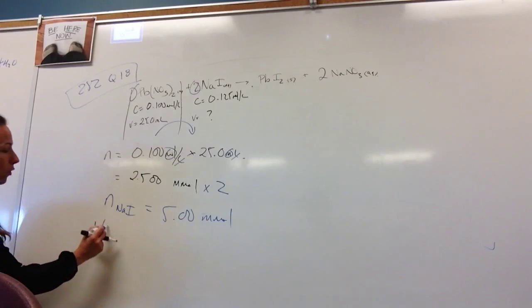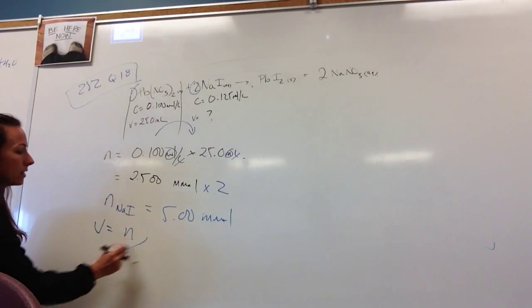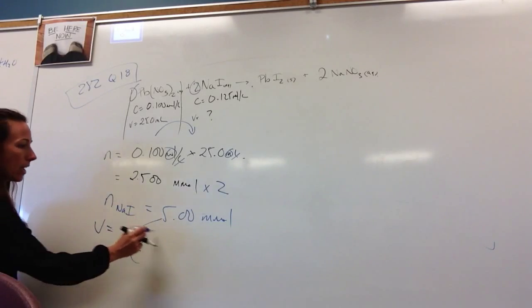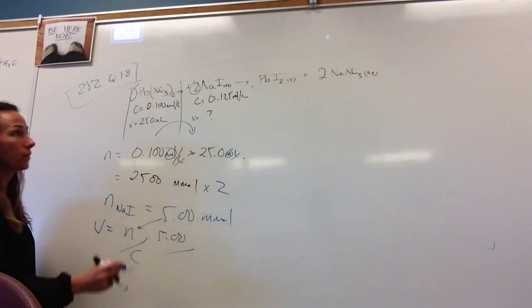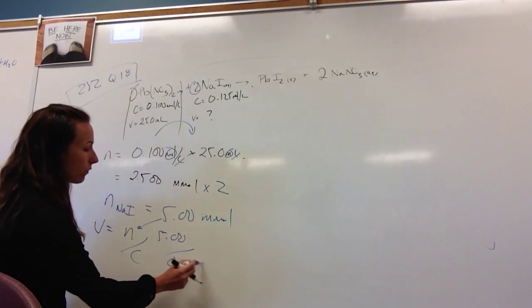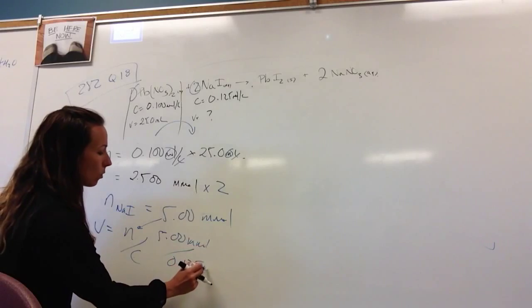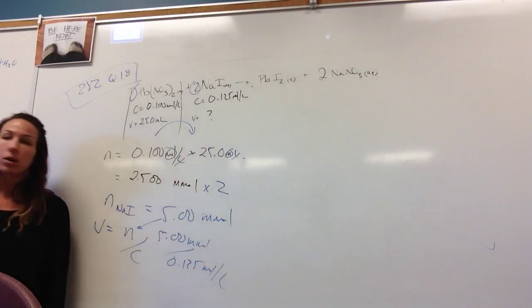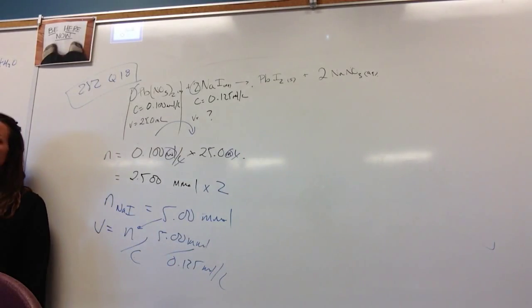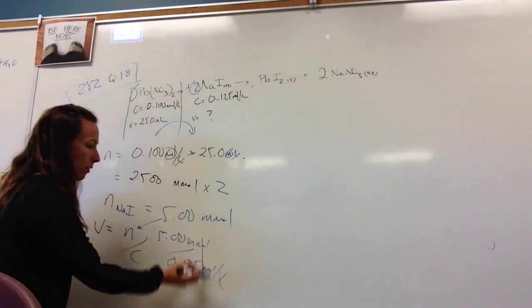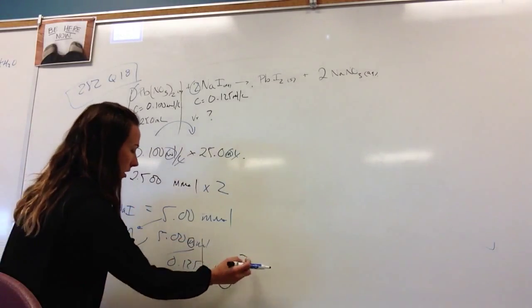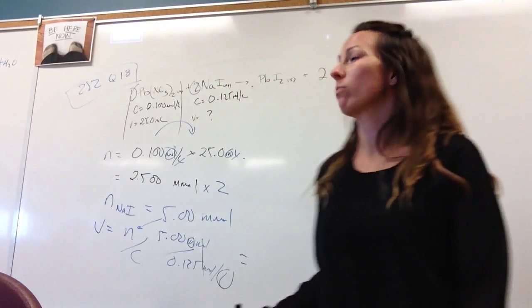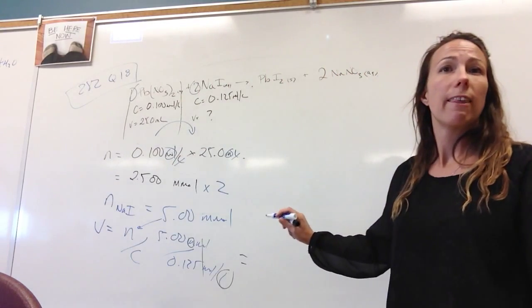So for the rest of us that are formula followers, the volume is going to be n divided by c, where n is 5.00 millimoles, divided by the c, which is 0.125 moles per liter. So what cancels out? Moles. What am I left with? Milliliters. And what is 5 divided by 0.125?